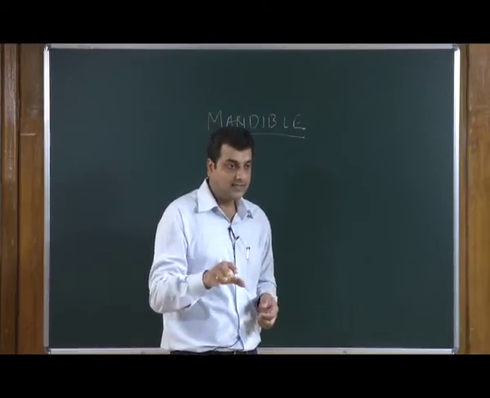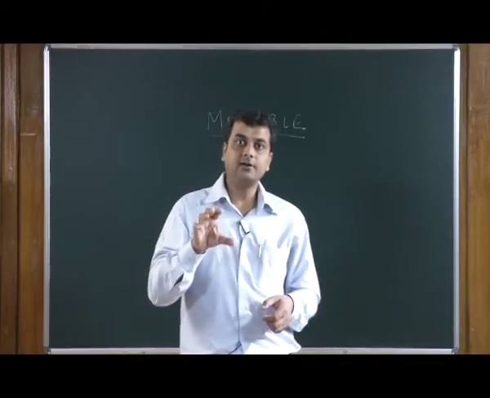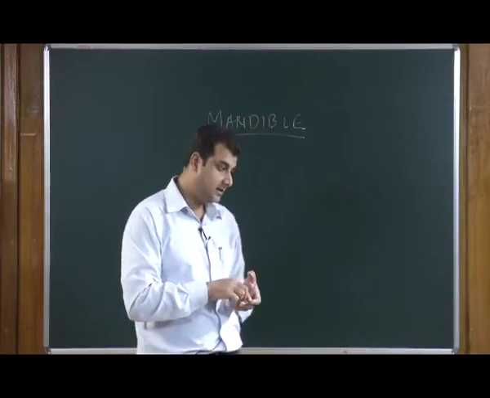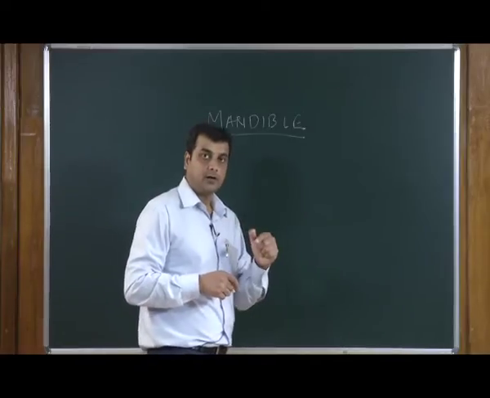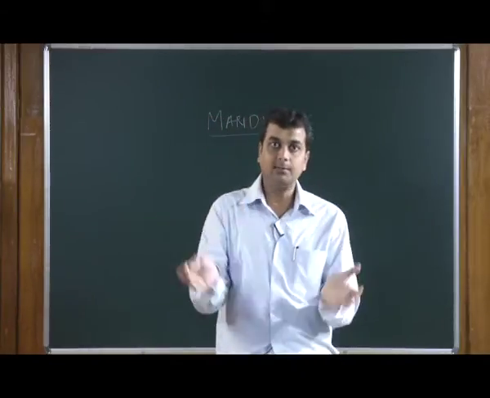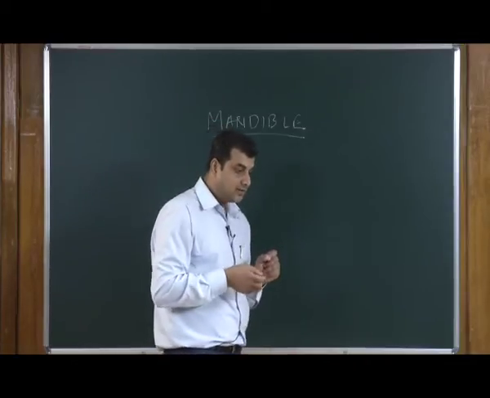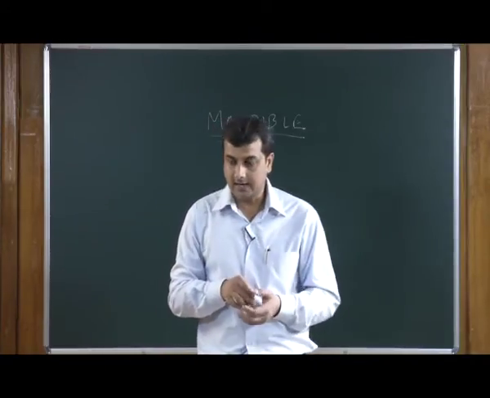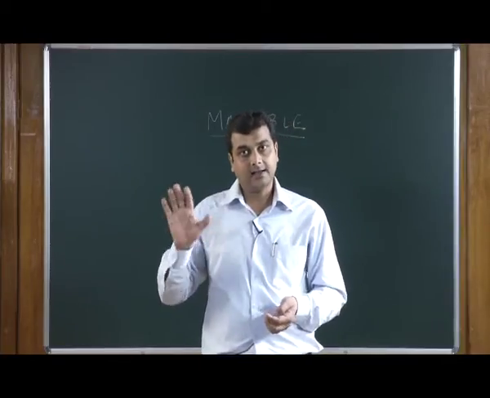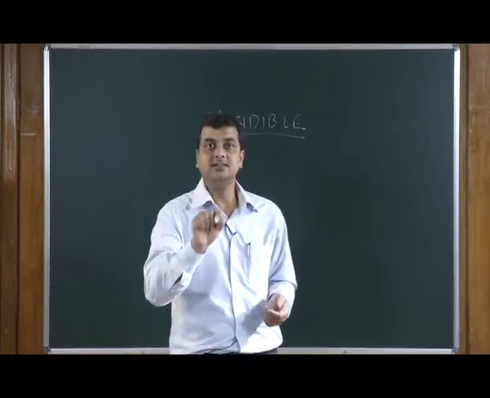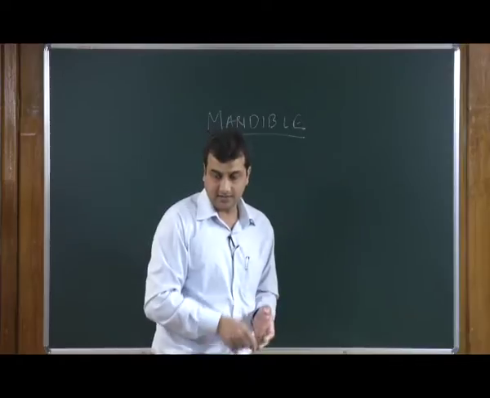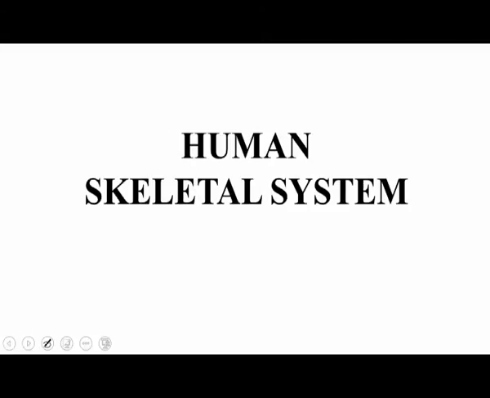Before going to the actual diagrammatic representation which I have drawn in the form of a slide, we will try to understand each bony structure, and then we will come back again to see some of the minute details about those bony structures. So let's go and see what is there in this skull.